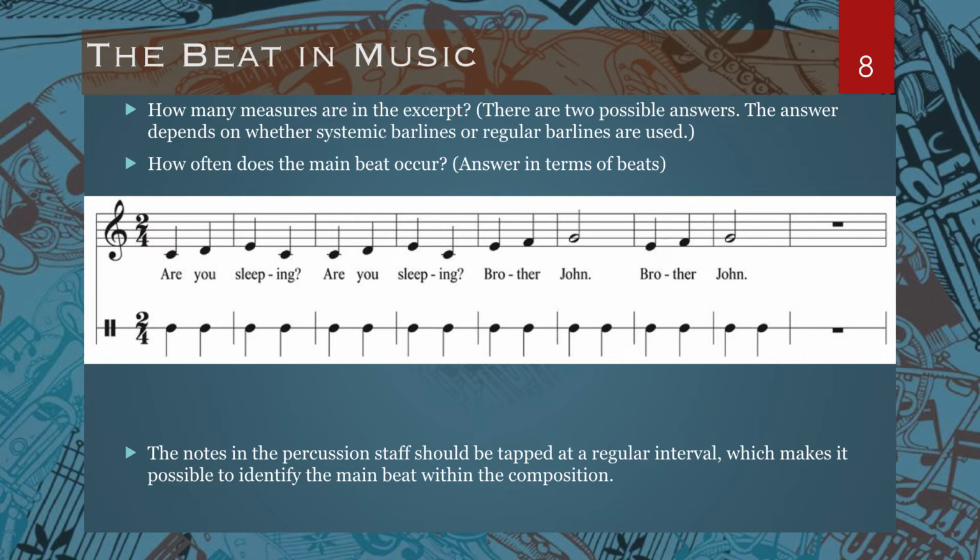So you've got a treble clef and a percussion clef that are both connected and played at the same time. The regular bar lines would be counted by counting all the bars in the treble clef and then all the bars in the percussion clef. So take a second to figure out the answers for both systemic bar lines and regular bar lines, and then let's see if you got it right.